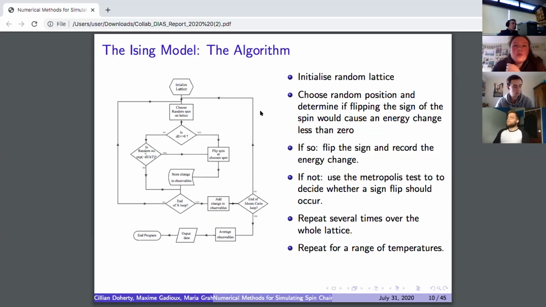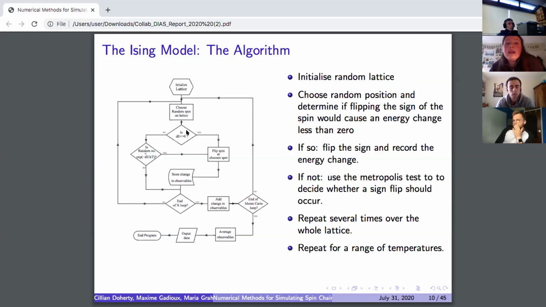So the algorithm that we used, this image here shows a flowchart of the logic behind the algorithm. So you initialize this random lattice, the one that we saw in the previous slide, and then you choose a random site, and you determine whether changing the sign of the spin, so since it's only up and down, it's just -1 or +1, would result in the energy of the system becoming lower, so whether the change in energy is less than or equal to 0.